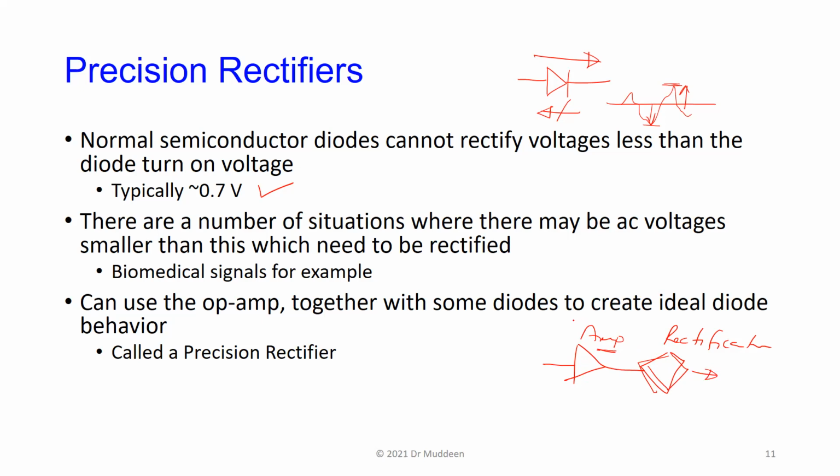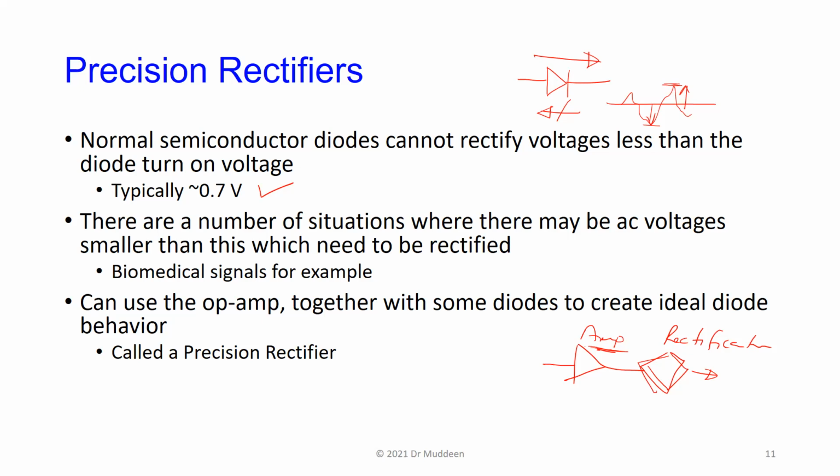What I can do is make use of some of the characteristics of an op-amp and combine the two of them. And if I combine the two of them, then I create a unit that is able to rectify voltages less than the typical turn-on voltage of a diode.